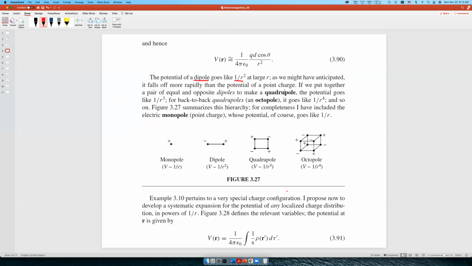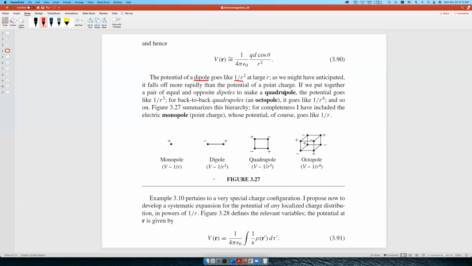We see the more charges you have, the faster it vanishes as you move away from the charge configuration.